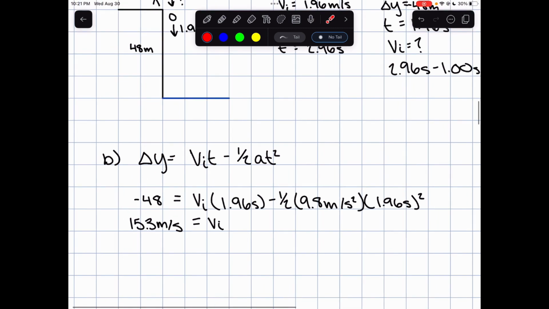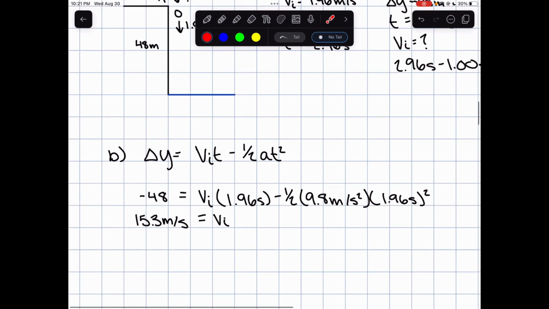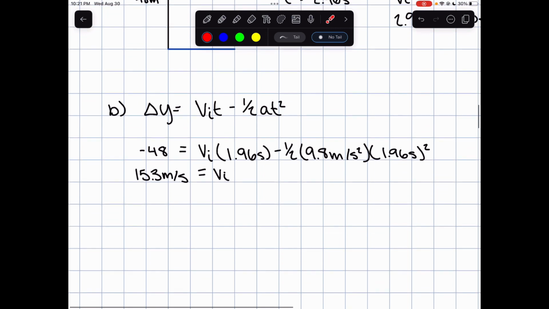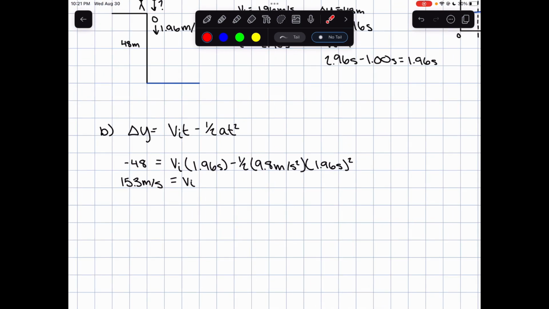We know the time for rock 2 is 1.96 seconds. We know the acceleration is 9.8. And once again, we know the time is 1.96 seconds. All we do from there is plug it into our calculator and solve for the initial speed, which is 15.3 meters per second. And that's all.